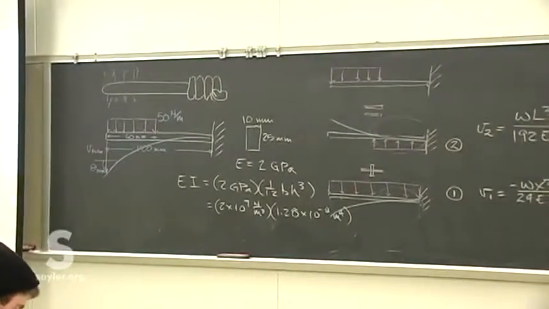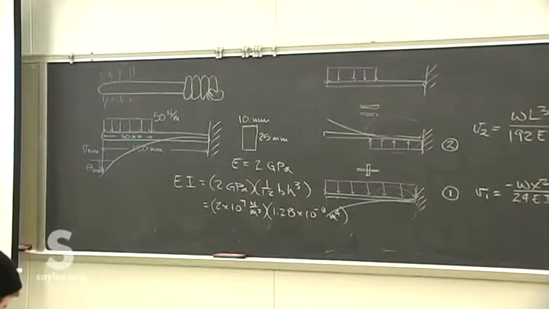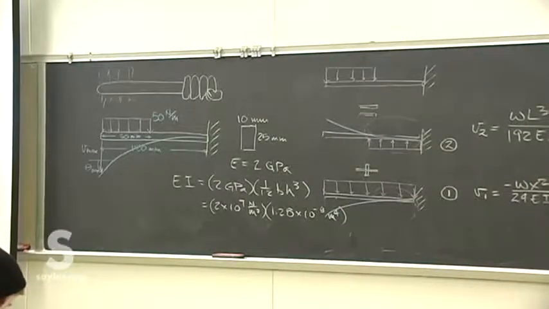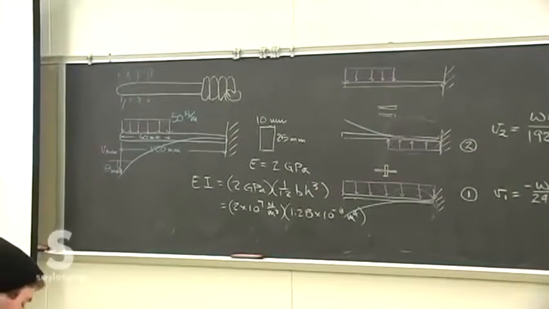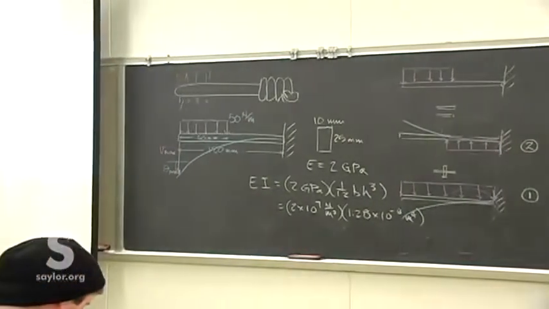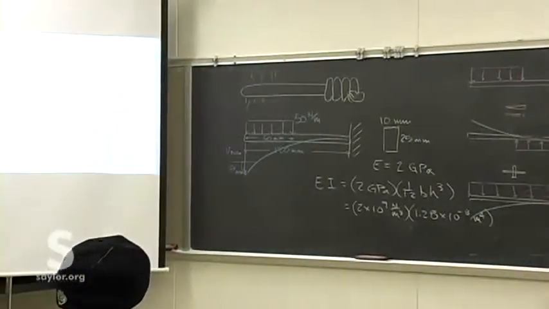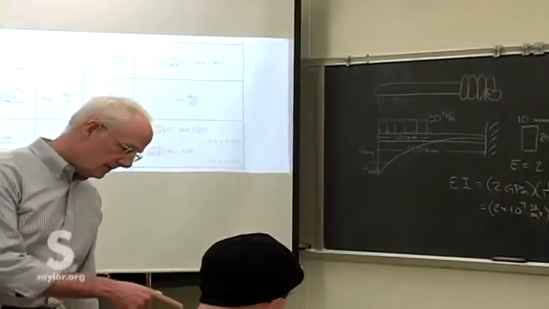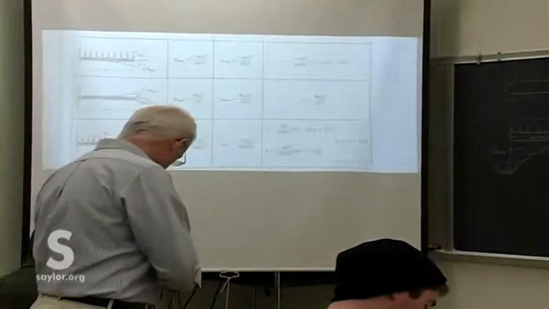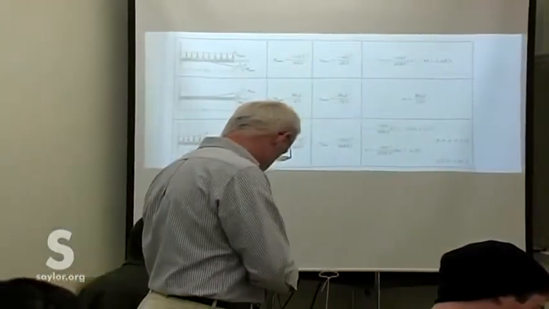0.22. Small? Pretty small. Is that meters? Millimeters. He's got 0.02 millimeters. But that's minus.